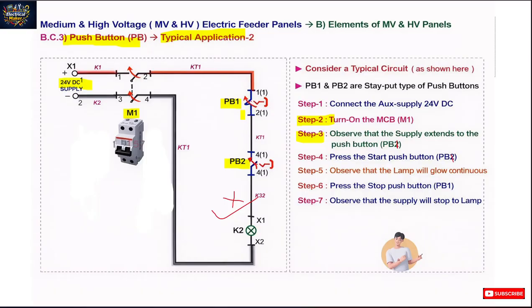Whenever you press them, only then does the supply extend to the lamp. Before that, it will not extend to the lamp. Both push buttons should be in the on position only. That's it for this typical application.